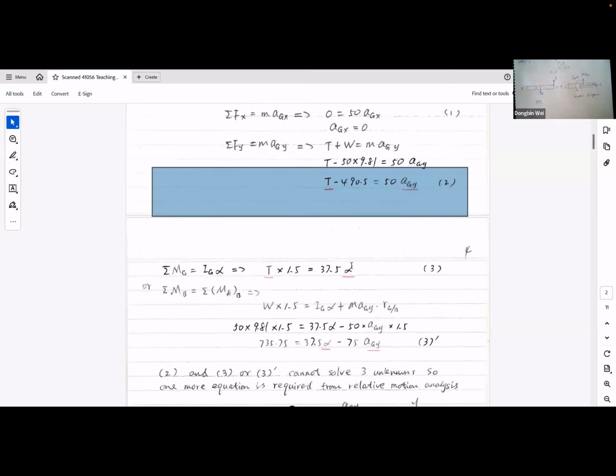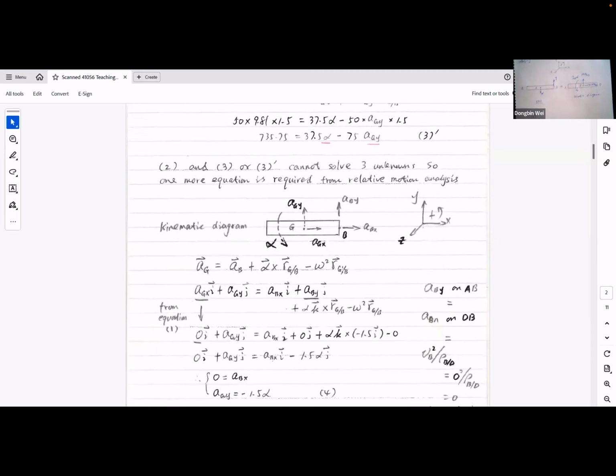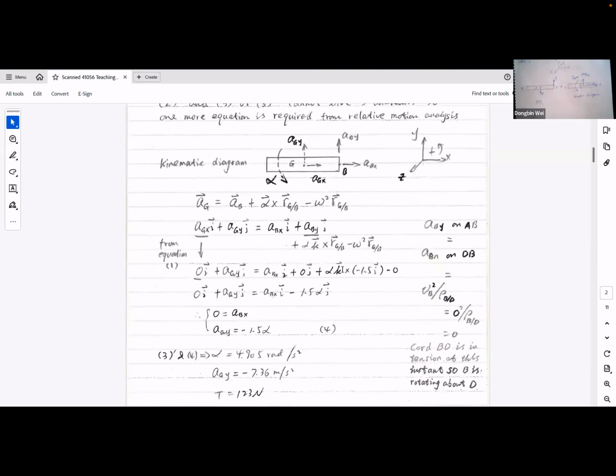Why we can't solve? Because for AGY and alpha, we don't know their relationships. So, to solve this problem, we have to find the relationship between AGY and alpha. But how to do? We have to involve acceleration analysis.